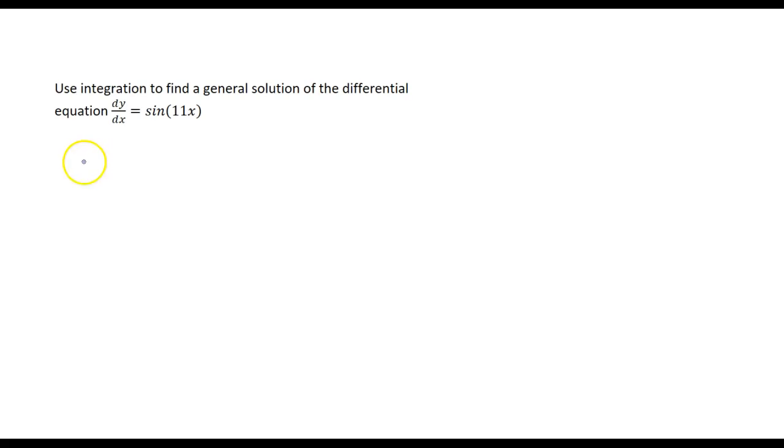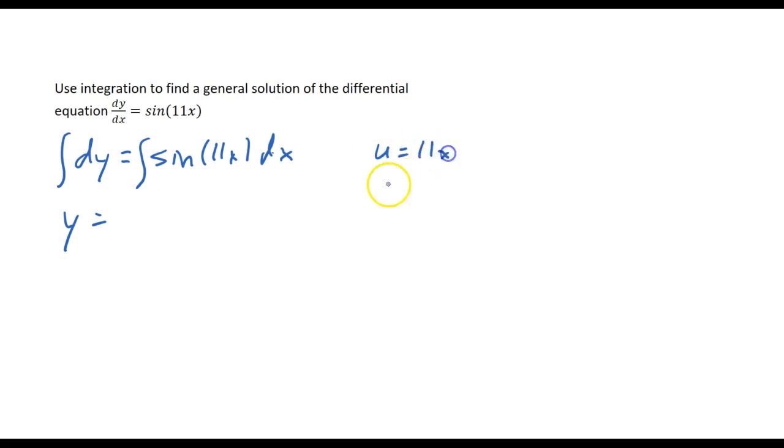And here's one more example. So I'm going to separate the variables by multiplying both sides by dx. Integrate. The integral of 1 dy is y. I'm going to do a u du again. U equals 11x. Du is 11 dx.